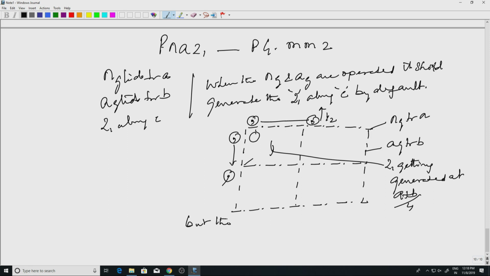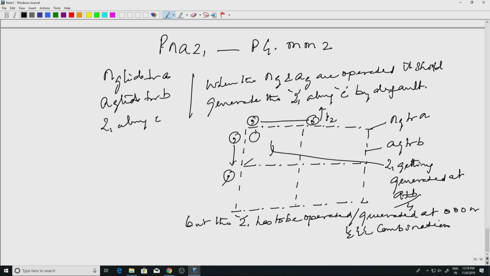But the 2-1 has to be operated or generated at 0 0 0 or a combination. Therefore, the glides have to be shifted suitably.